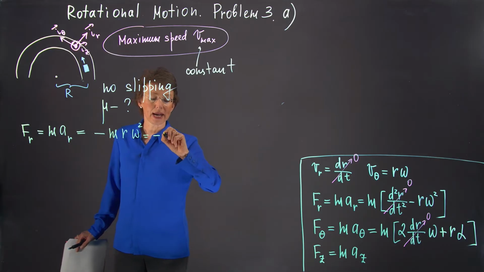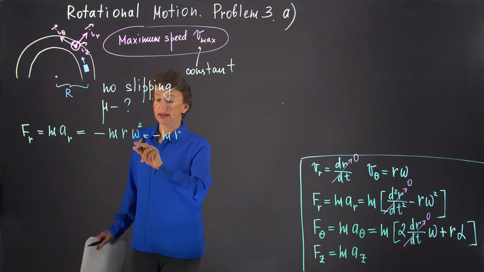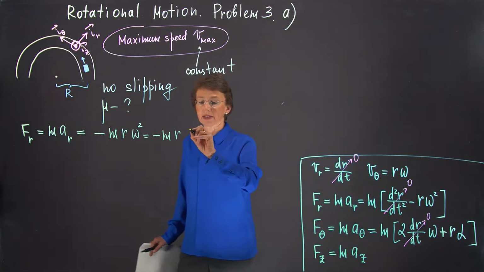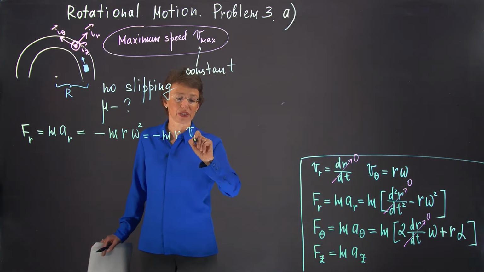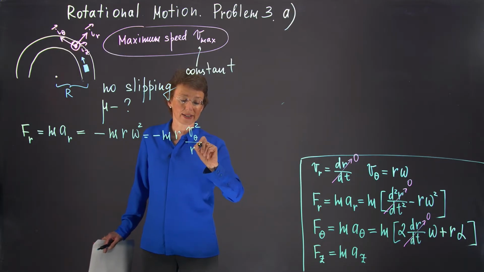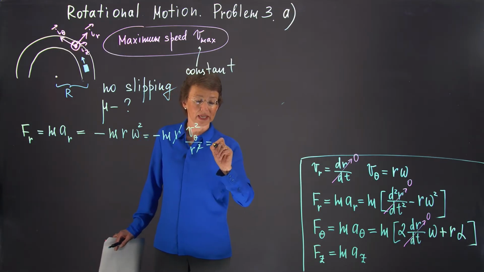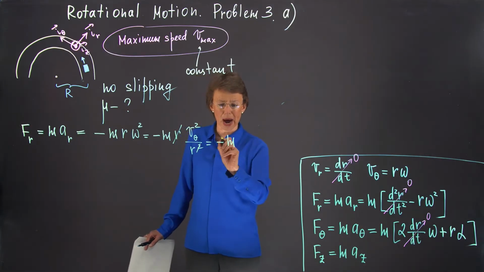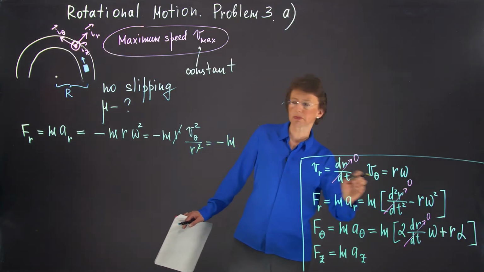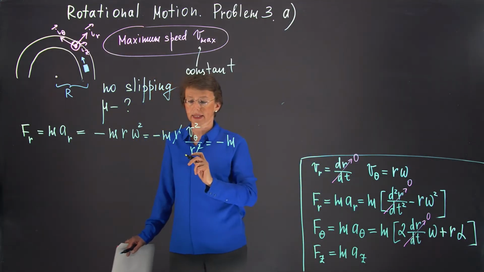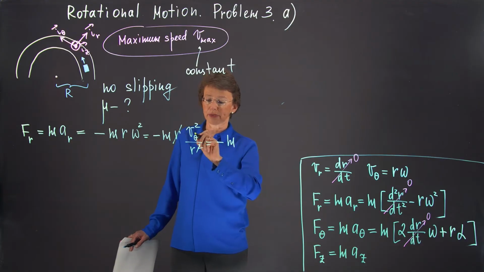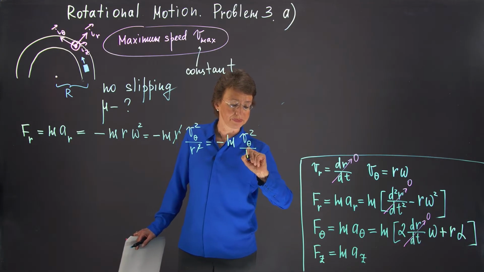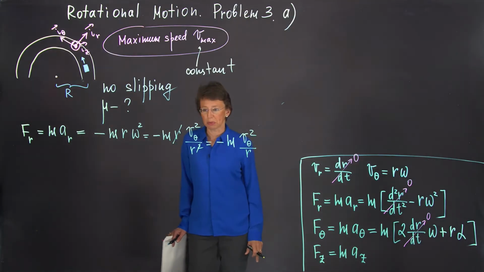And omega is V theta divided by R, so omega squared is V theta squared over R squared, and we get the formula for centripetal acceleration: minus m V theta squared over R, where the minus comes from the fact that IR is out. That's the formula that we will be using.